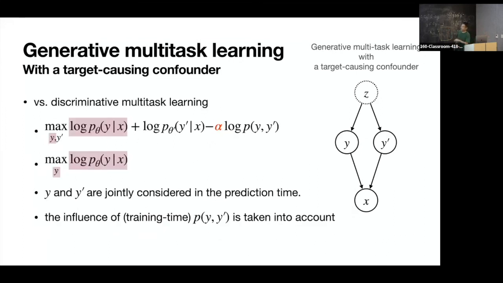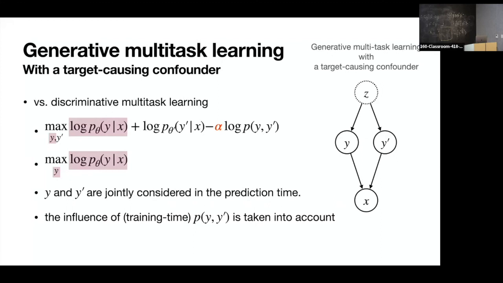All right, so let's look at how it differs. At the end of the day, this is what we think we need to do in this particular setup. This is different from discriminative multitask learning in the sense that if we ignore these two terms, we end up with discriminative multitask learning. So there are two components compared to the original discriminative multitask learning.